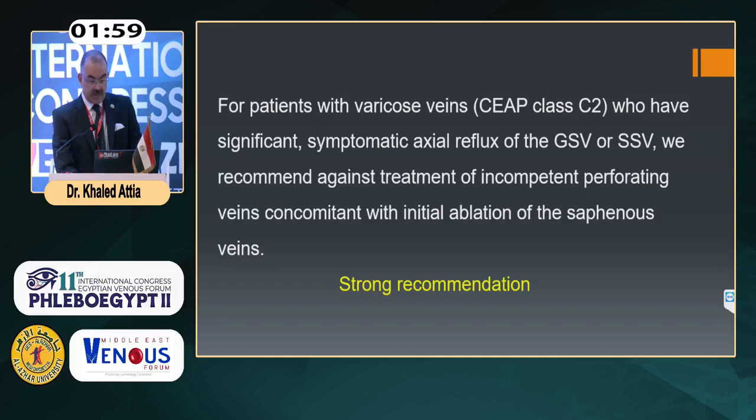For patients with varicose vein CEAP class 2 who have significant symptomatic axial reflux of great saphenous vein or small saphenous vein, we recommend against treatment of incompetent perforator veins concomitant with initial ablation of the saphenous vein. This is a strong recommendation.